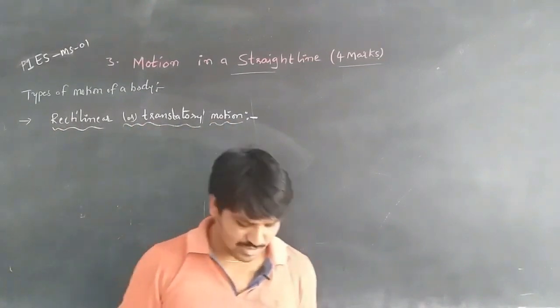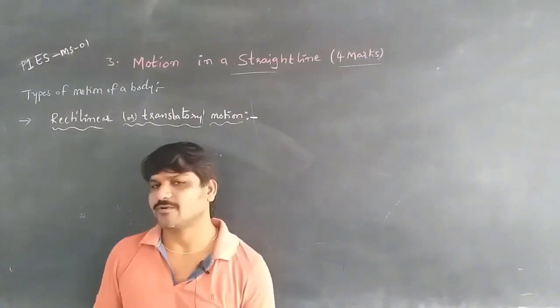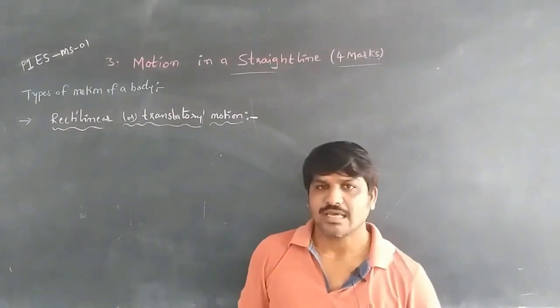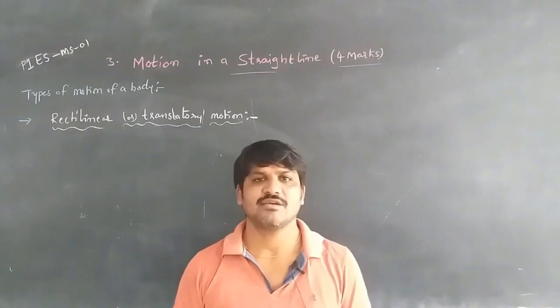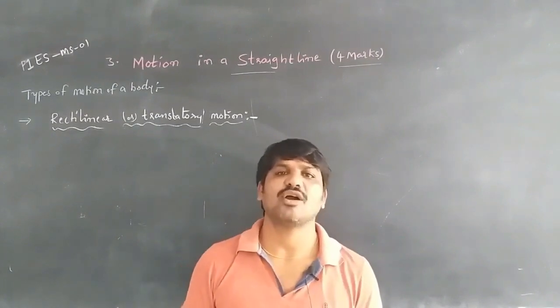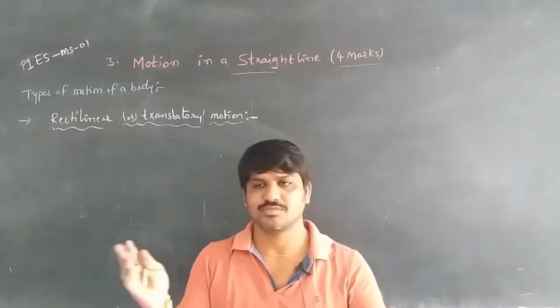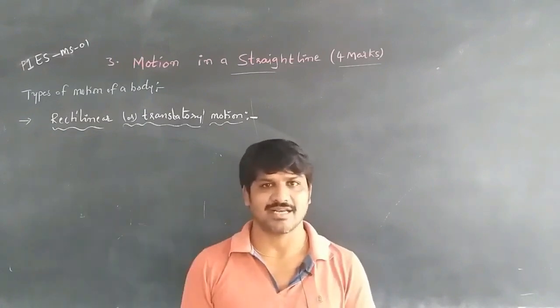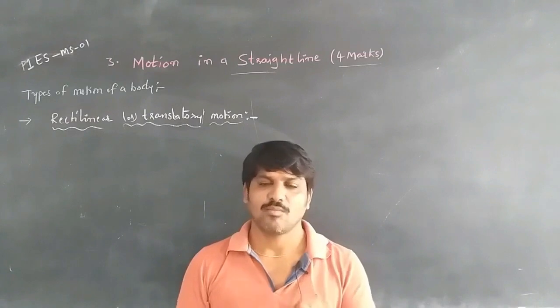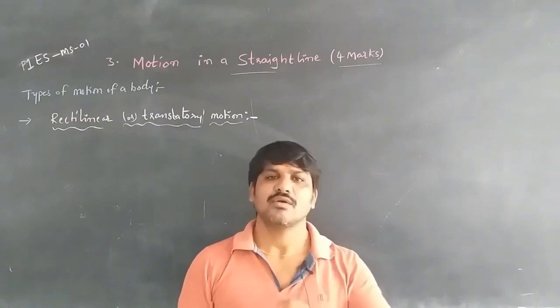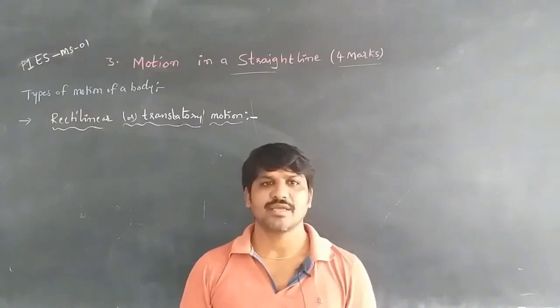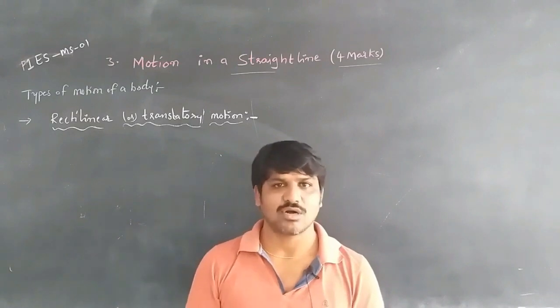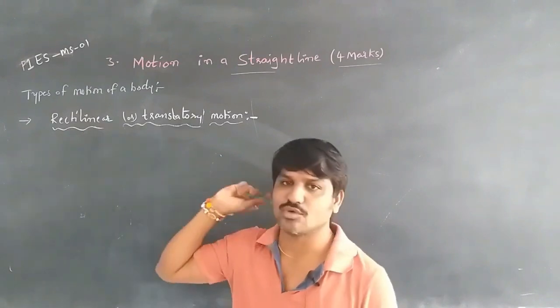First of all, rectilinear motion means when a body or a point mass body is moving along a straight line, it is called rectilinear motion.